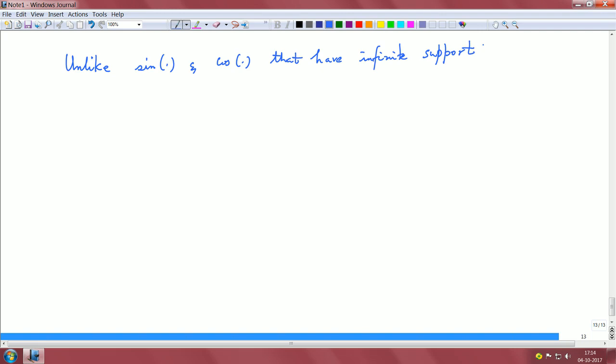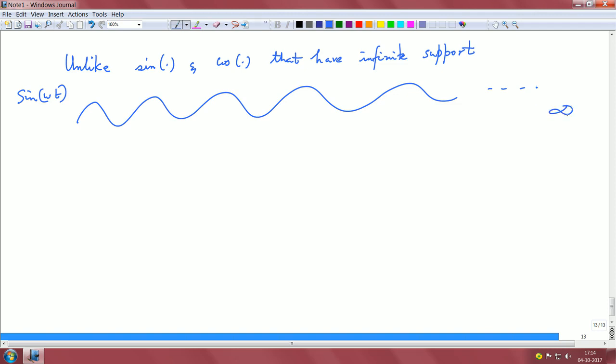So, what do you mean by support, right? I mean, if you take a sine function, this is sine omega t and it goes on. So, what is the support of the signal? This is really infinity, right?